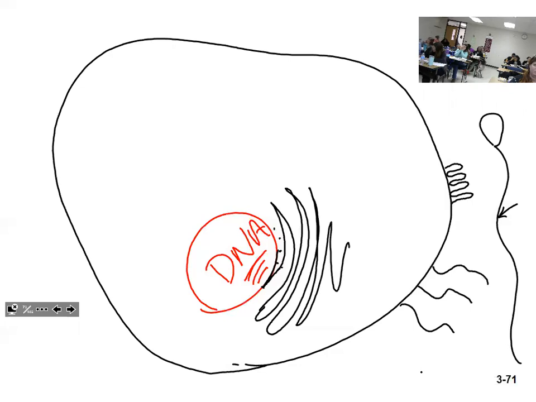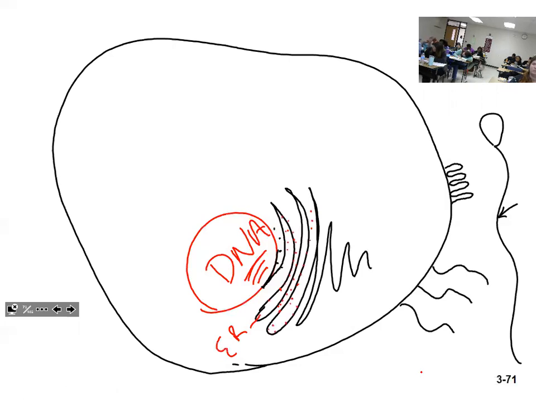organelle. And this organelle is called the Endoplasmic Reticulum. This is called the ER, which you all would want to know is the Endoplasmic Reticulum.